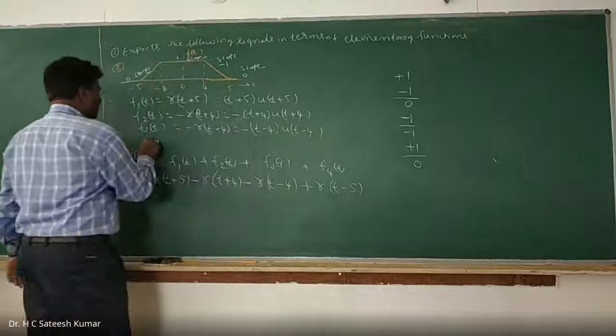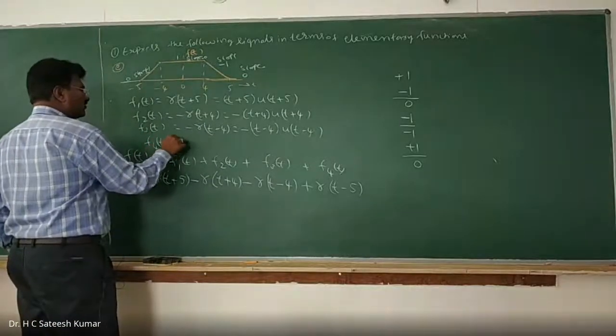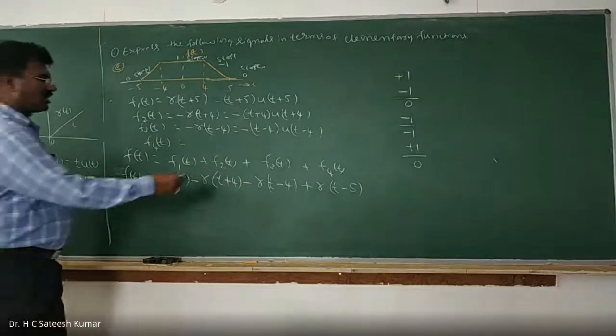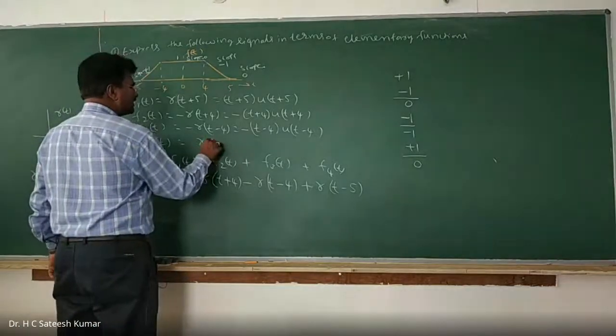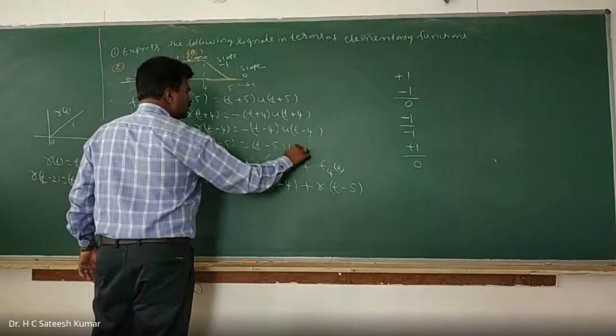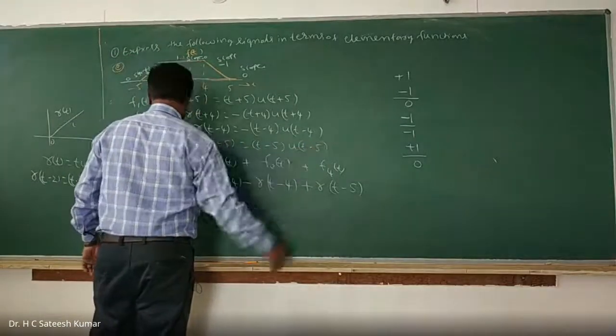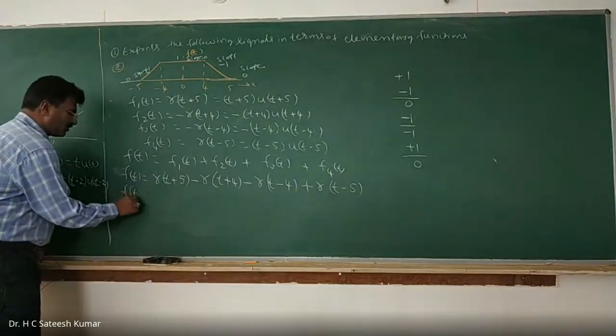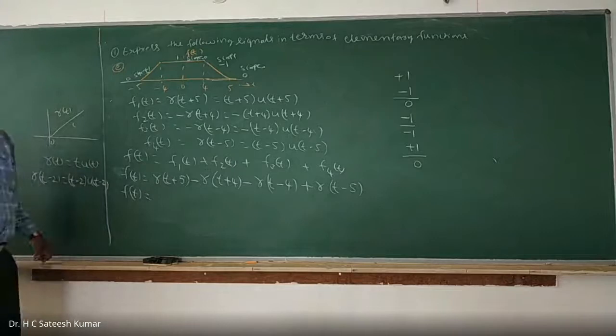Now, F4 of t is equal to what? Starting from where? 5. That means r of t minus 5, which is t minus 5 into u of t minus 5. So if that is the case, f of t is equal to what? Write all of them combined together, F1 of t plus F2 of t.